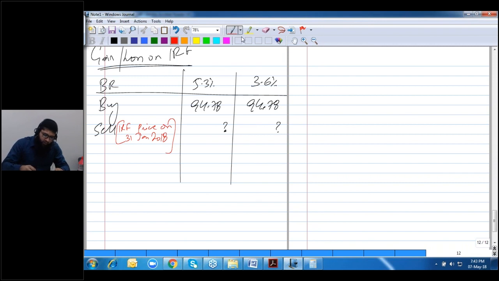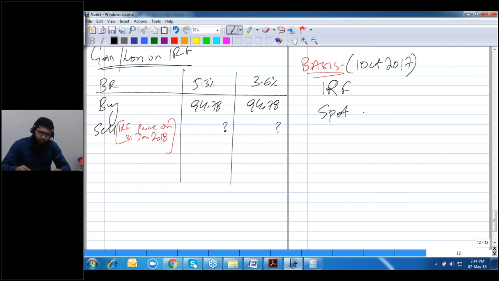There is a concept called basis. What exactly is this basis? Basis is the difference between the price of the interest rate future and the spot rate. First, we calculate the basis now, on 1st October 2017, the transaction date, the date on which we entered into a hedging relationship.